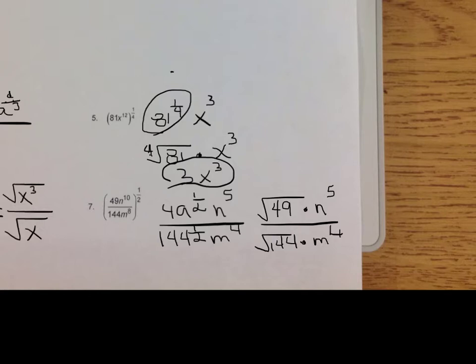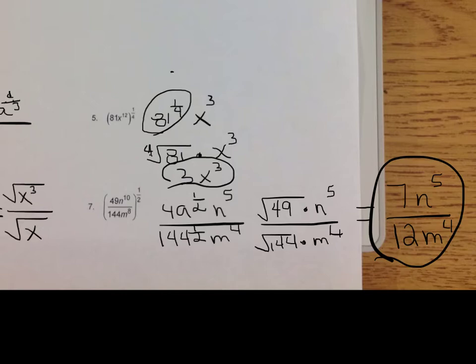You simplify that even further to get the square root of 49 is 7 times n to the 5th power. The square root of 144 is 12 times m to a power of 4. And that's as far as we can go with that one.